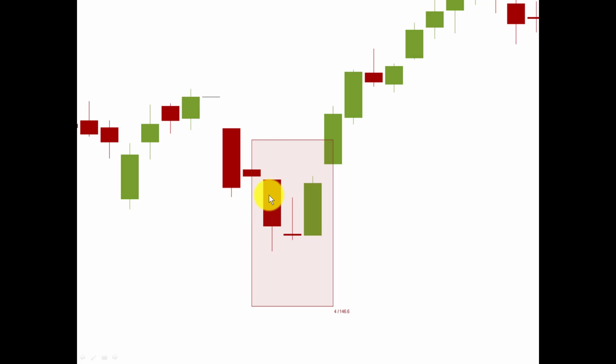Now an important thing to note here is that if there is a gap down opening from the first day, then it is considered that the bears were totally in control of the market and they were ready to sell at any price, so they opened lower. But even after opening lower, they could not close lower than the low of the previous day.